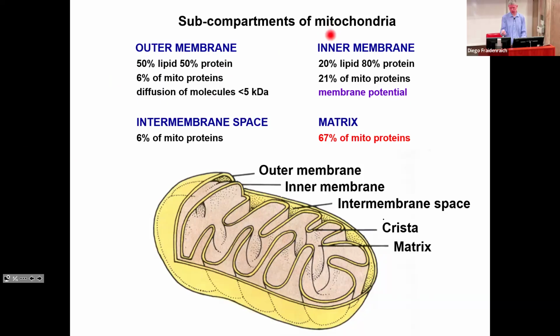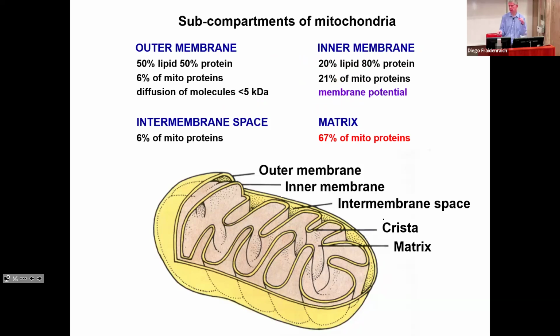When we look at the inner membrane, we have much more protein there, 80%. So 80% protein, only 20% lipids. So it's way more protein. The inner membrane has an important feature: a membrane potential.